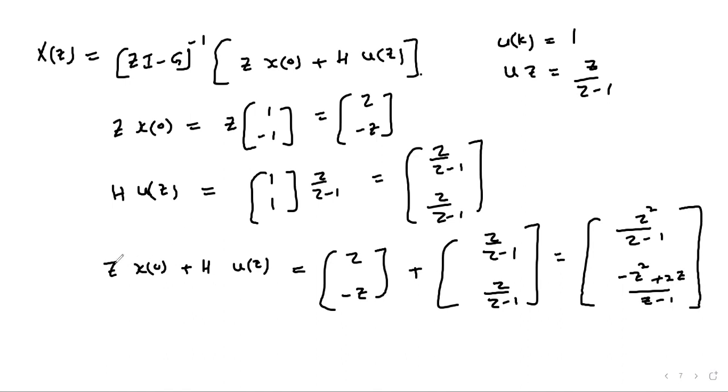Next, we need to multiply the entire term Z X of 0 plus H U of Z by the inverse, ZI minus G inverse, as follows.